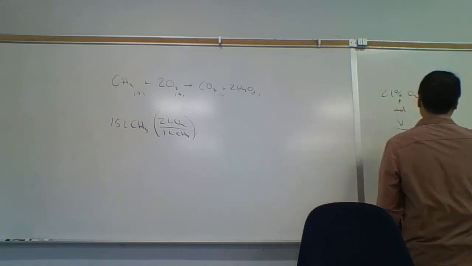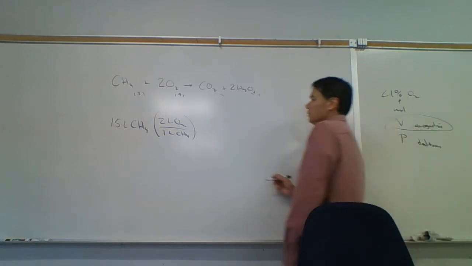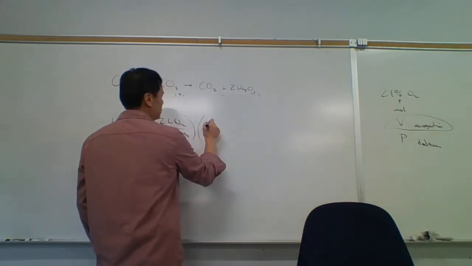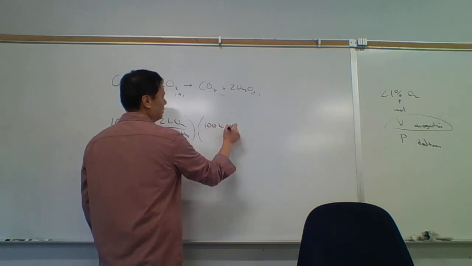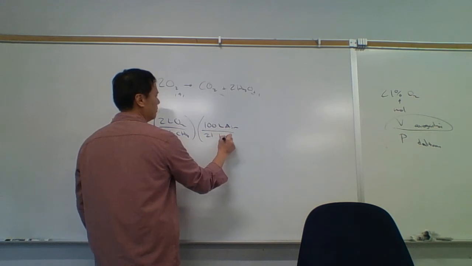So what we're going to do is we're just going to assume this is Avogadro. So for every 21 liters of O2, how many liters of air am I going to have? 100 liters of air. So we'll just do 100 liters of air for every 21 liters of O2.